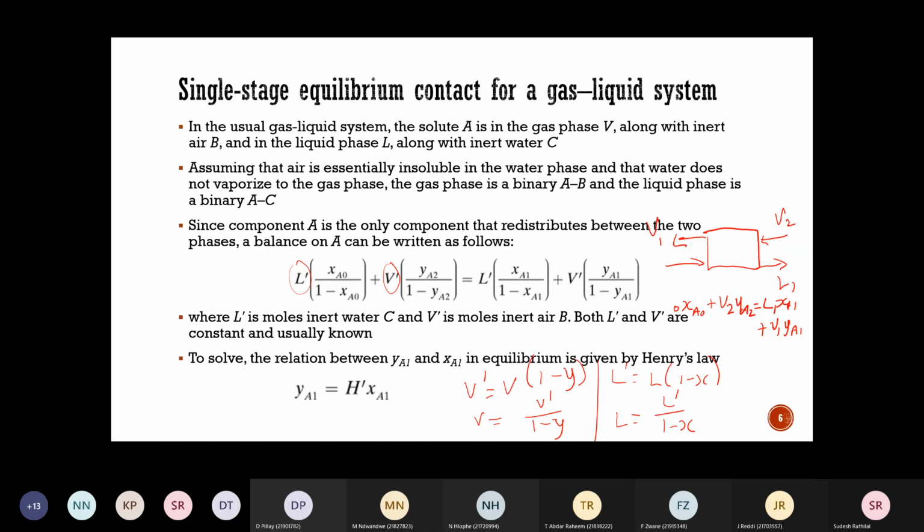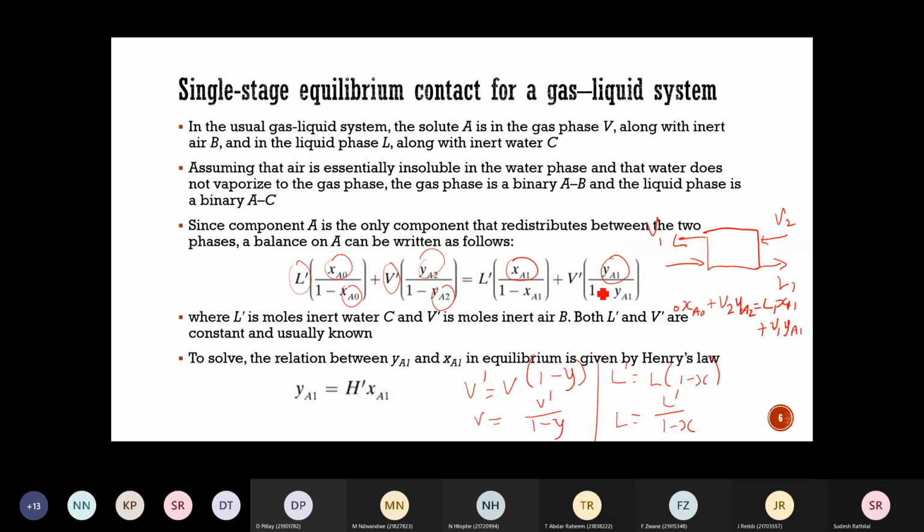So V prime and L prime are known. If I know the concentrations coming in, so I know how much CO2 is coming in with the liquid phase and with the vapor phase, then the only unknowns in this equation are XA1 and YA1. Those two unknowns have the same subscript, 1.